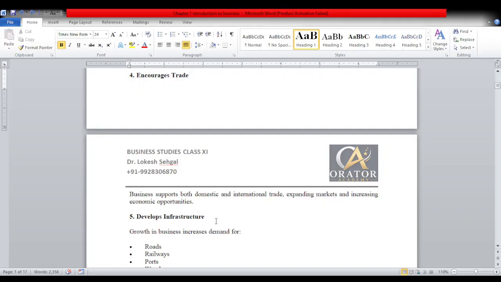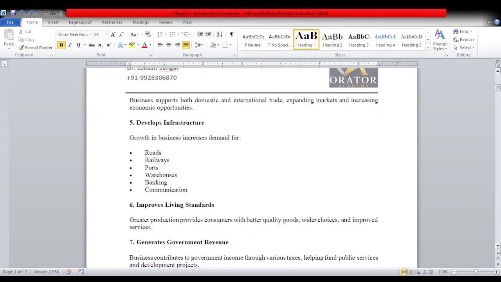Next, we are focusing on how it develops the infrastructure. So how will it help in developing the infrastructure? Business definitely increases the demand for capital goods, right?